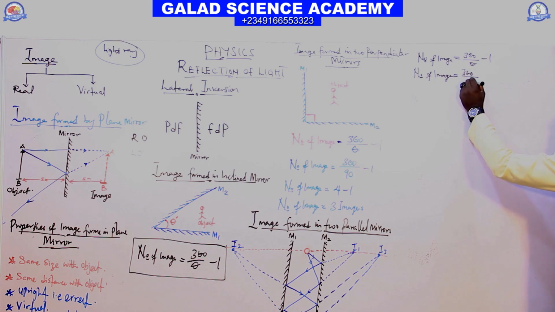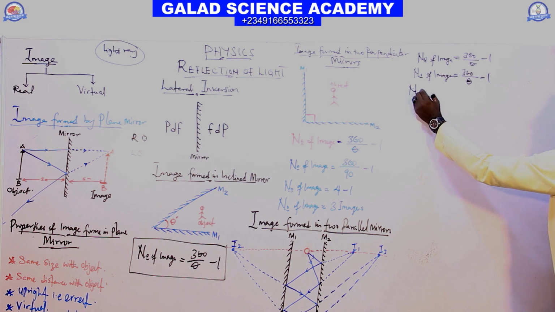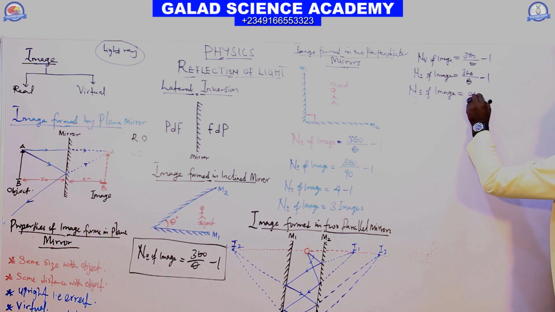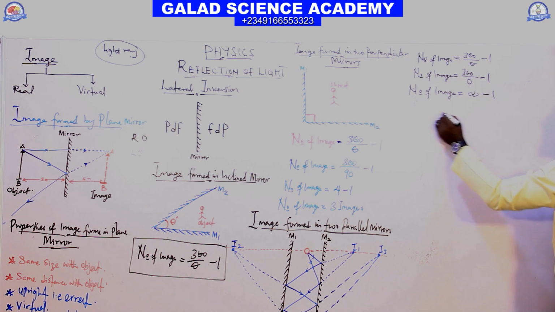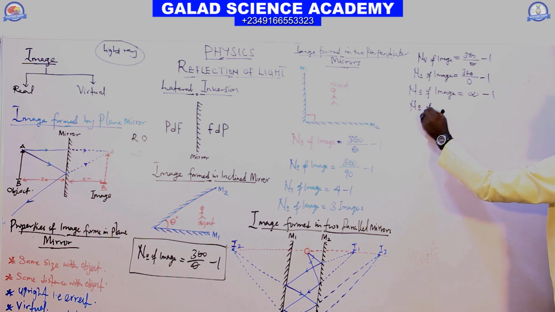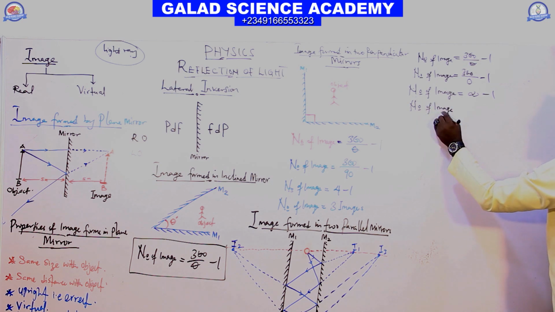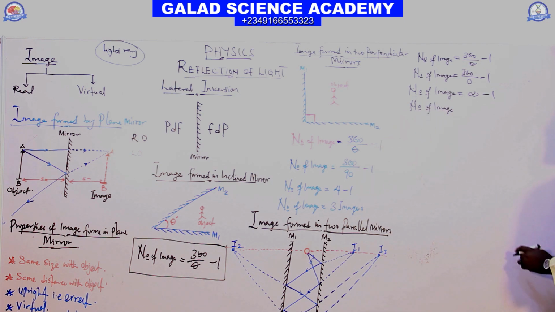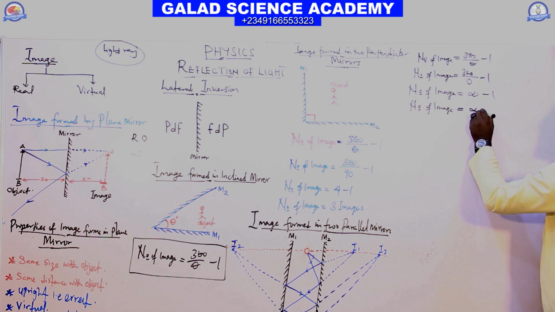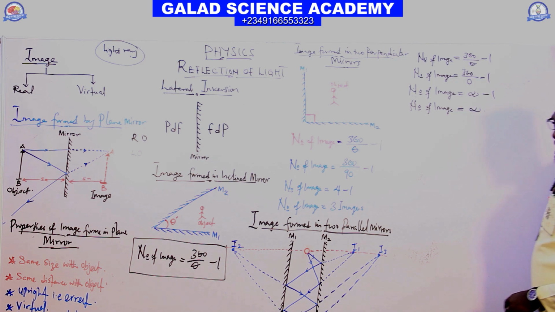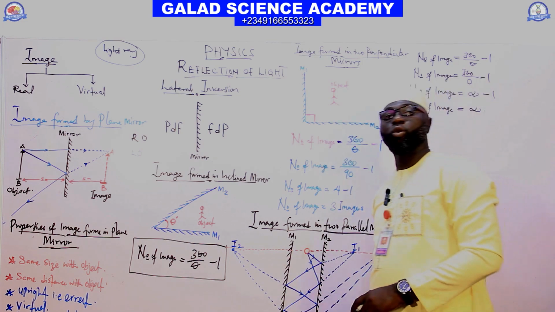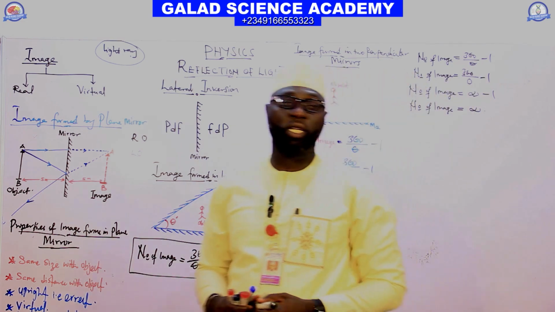Two parallel lines, we have 0 here, minus 1. So the number of images here will be infinity. So the number of images formed in two parallel mirrors is infinity.